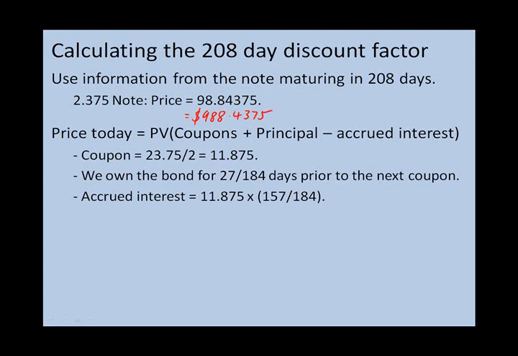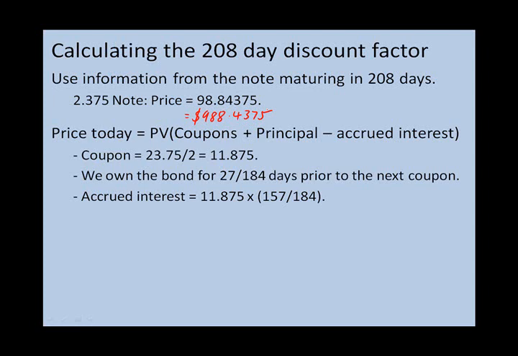Again, we know the price today is going to be the present value of the coupons plus the principal minus any accrued interest. The coupon payment is going to be $23.75, but it's paid semi-annually as with all government notes and bonds. So the payment that's going to be received every 6 months is $11.875.